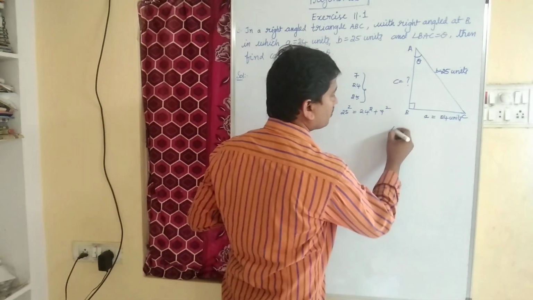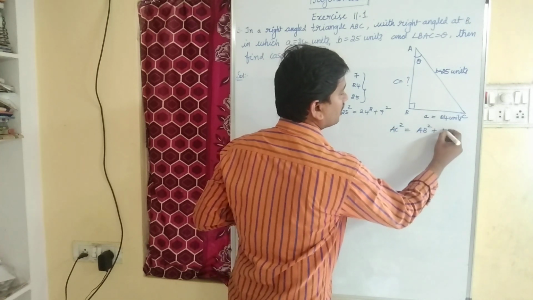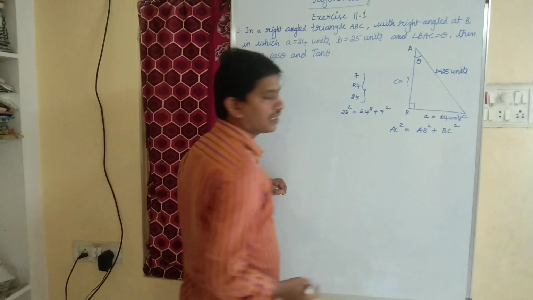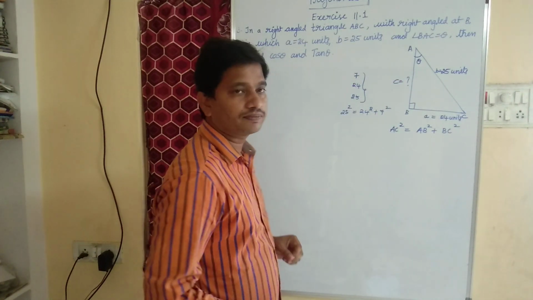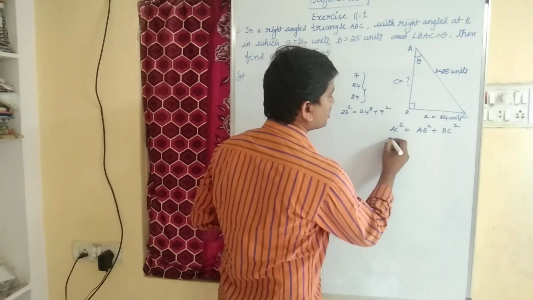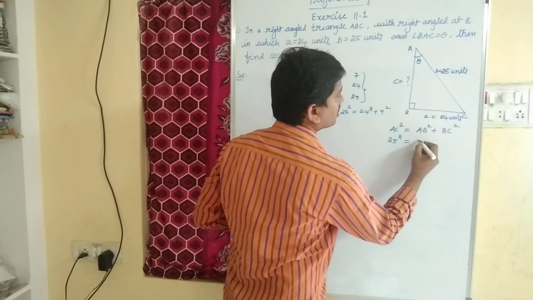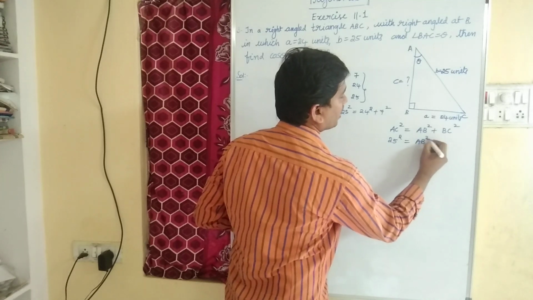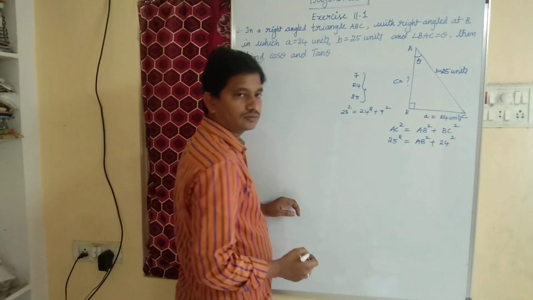What is the Pythagoras theorem? The square of the hypotenuse is equal to the sum of the squares of the other two sides. AC squared equals AB squared plus BC squared. What is AC, children? AC is b units, that is 25 squared equals AB squared, which we have to find out, plus BC, which is 24 units.